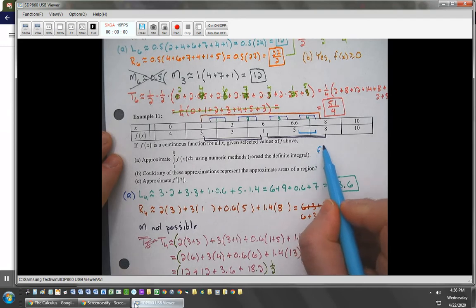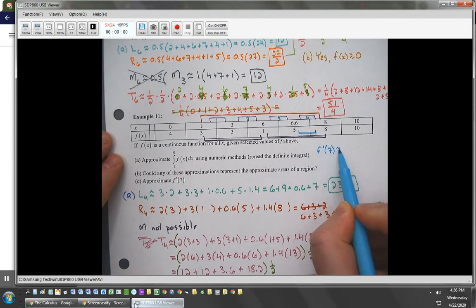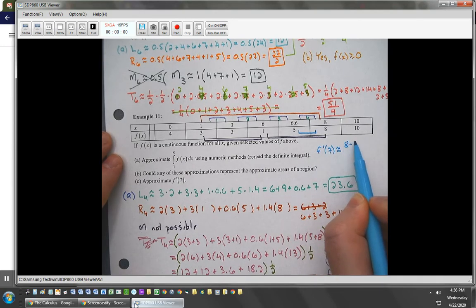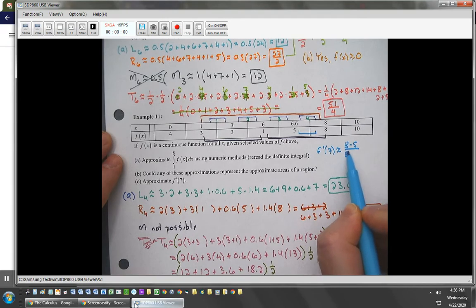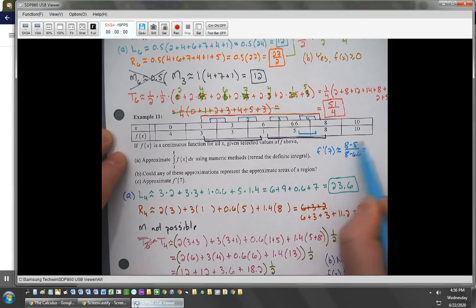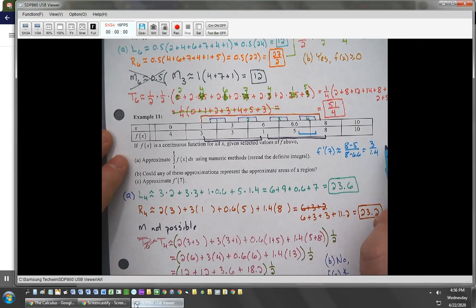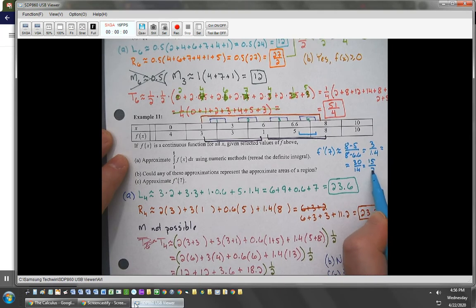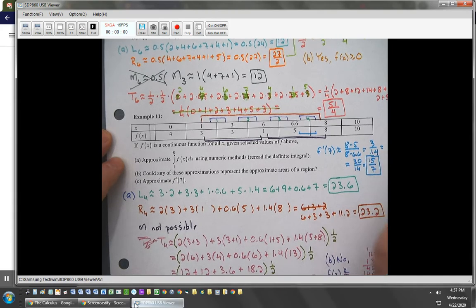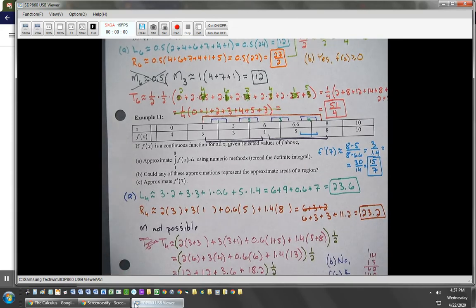So f prime of 7 is approximately 8 minus 5 over 8 minus 6.6. 8 minus 5 is 3 over 1.4, which equals 30 over 14. Move over the decimal point one time. Divide by 2, 15 over 7. Yeah, close enough. All right.